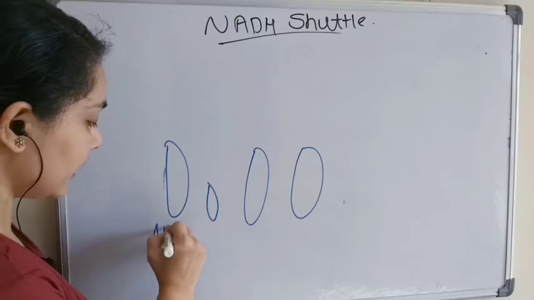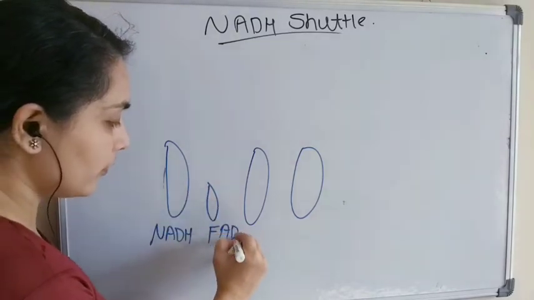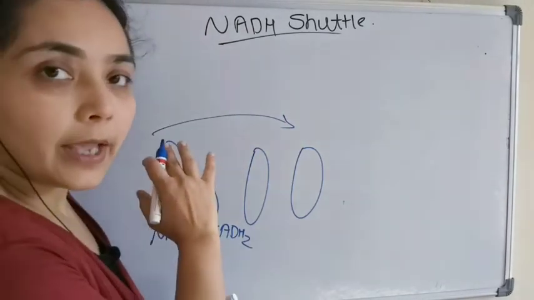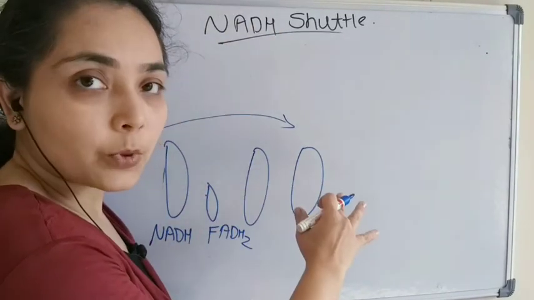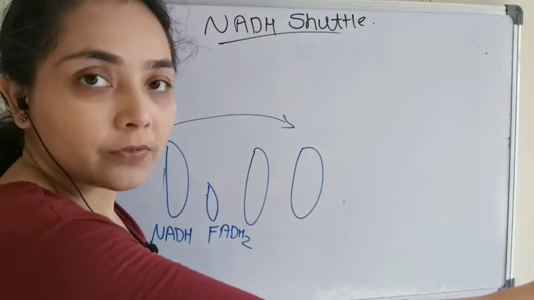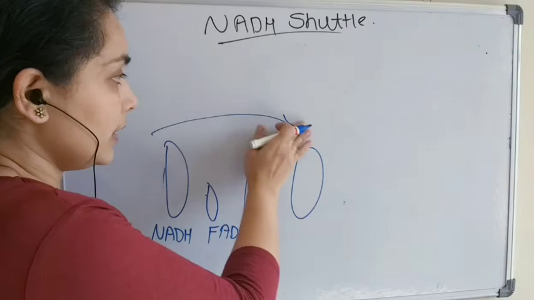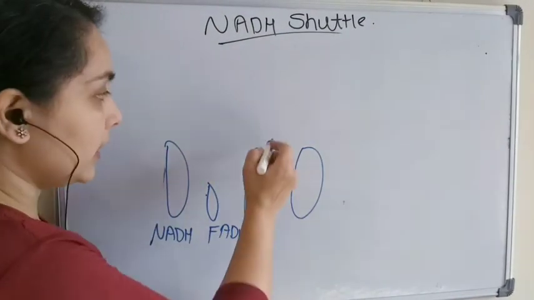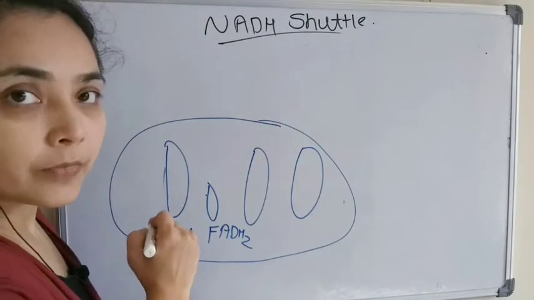NADH will donate its electrons to complex 1, and FADH2 to complex 2. When these energy rich electrons transfer through the electron transport chain, it helps in the generation of ATP through complex 5, and that is oxidative phosphorylation. This step takes place in the matrix of mitochondria.